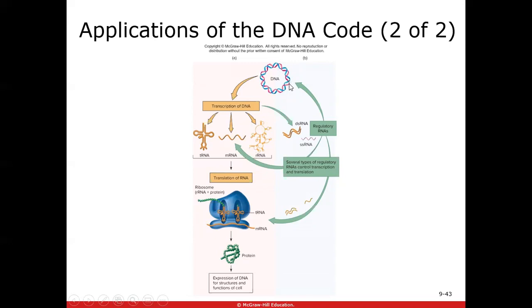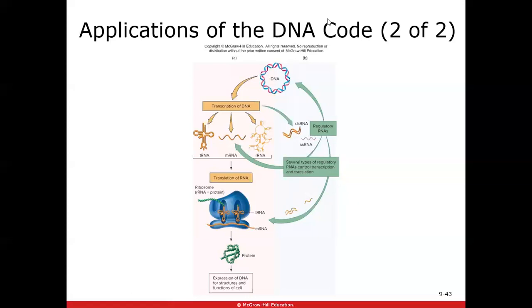The DNA also has regulatory RNAs. When it produces RNAs, it has regulatory RNAs, which are double-stranded RNAs and single-stranded RNAs. And then different regulatory RNAs will regulate or stop transcription or translation or encourage it, and also will stop the production of RNAs at the DNA.